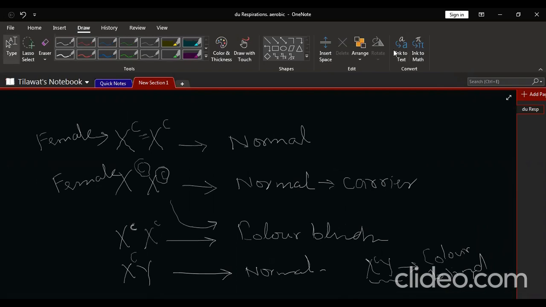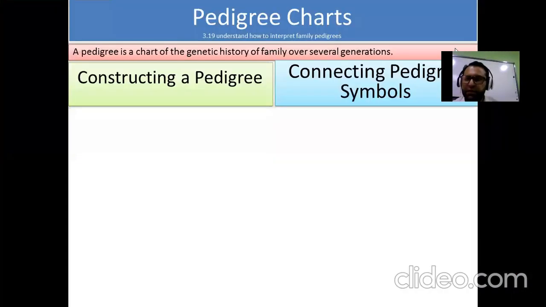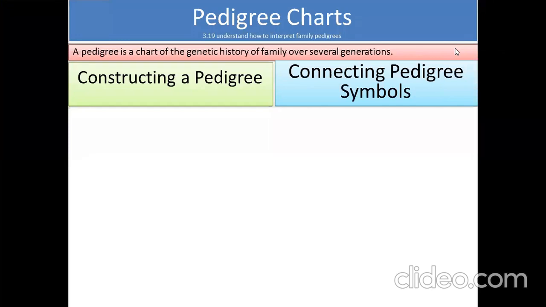All right, students. In the last lecture, we discussed X-linked diseases. Today we are going to discuss pedigree charts. A pedigree is a chart of the genetic history of a family over several generations.